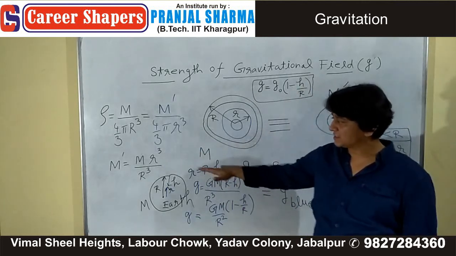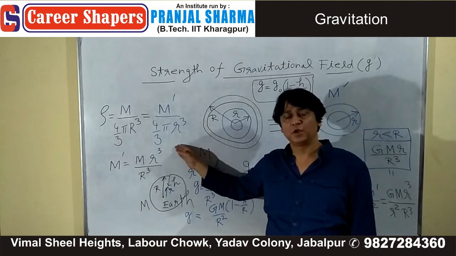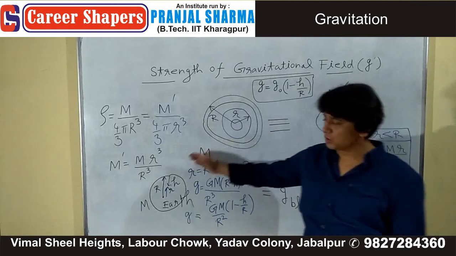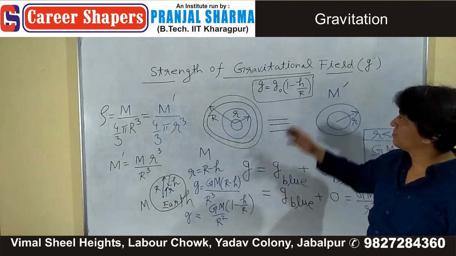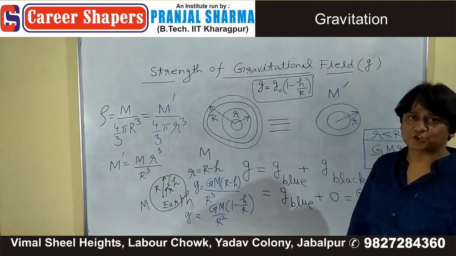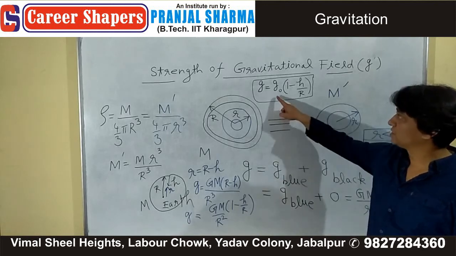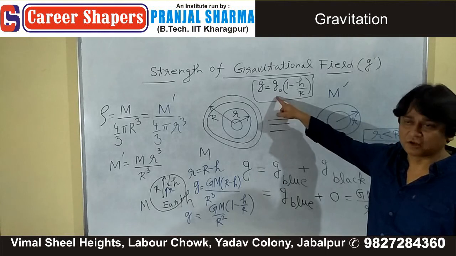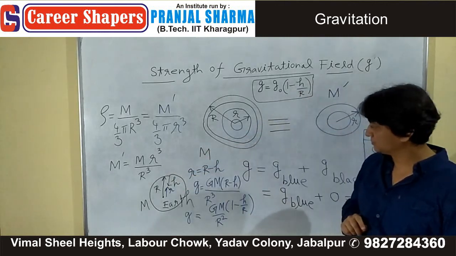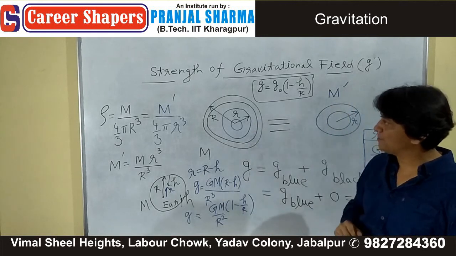For points above the surface of Earth, we have two formats. If you are below the surface of Earth, you just need to remember g as what? g naught times 1 minus h upon R. What is g naught? Strength of gravitational field at the surface of Earth. Note down everything.